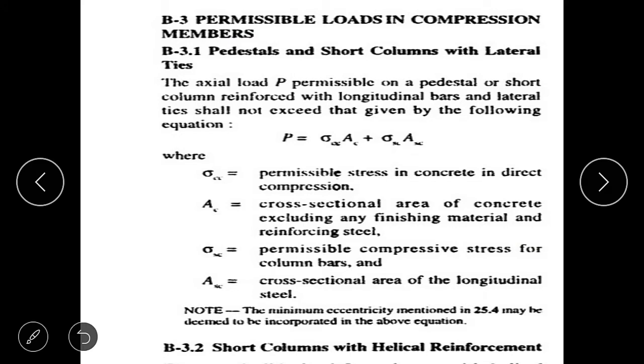Now permissible loads in compression. We have to find the permissible load in compression. In IS 456 2000, B3, the formula is given: sigma cc into AC plus sigma SC into ASC. Sigma cc is the permissible stress in concrete in direct compression.